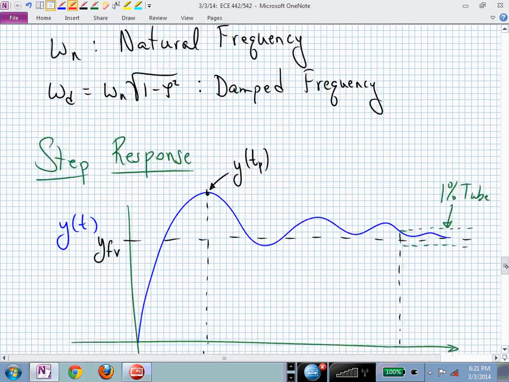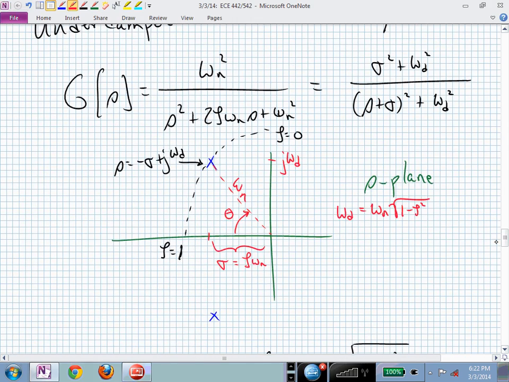If I now go back here, and if somebody said, oh, can I relate theta to zeta? And here's where you use your trig. What's the cosine of theta? Adjacent over hypotenuse, by definition. Is that true? That's the cosine of theta. But we already know what the adjacent is.